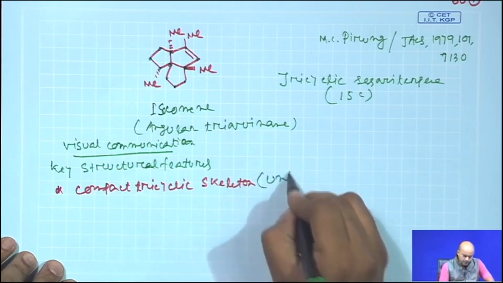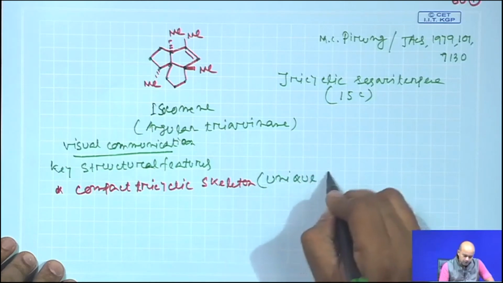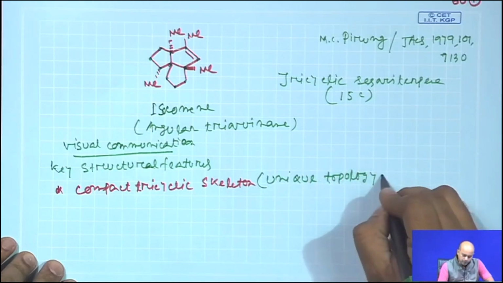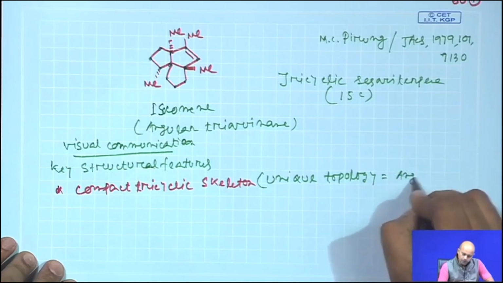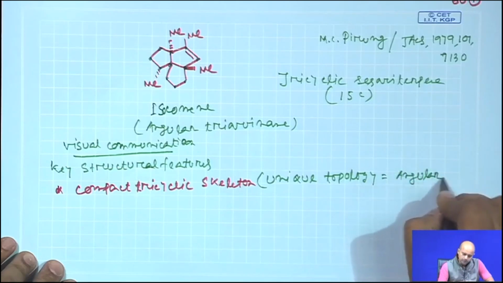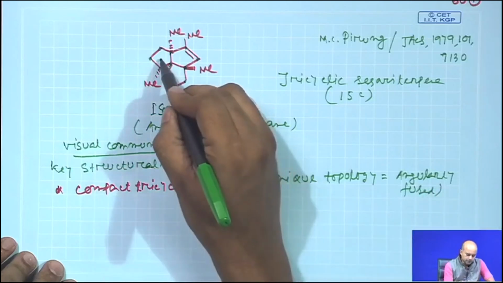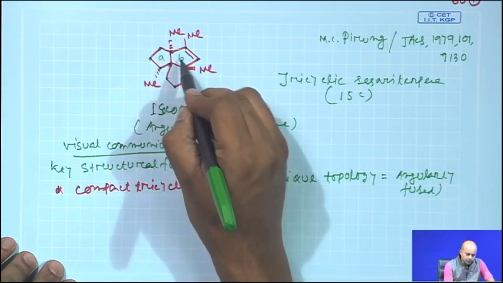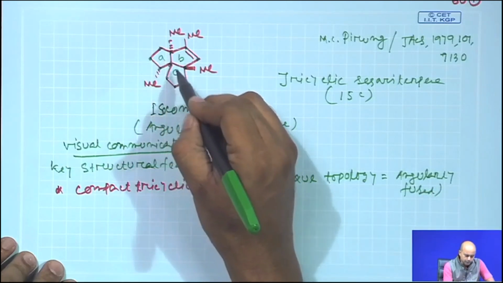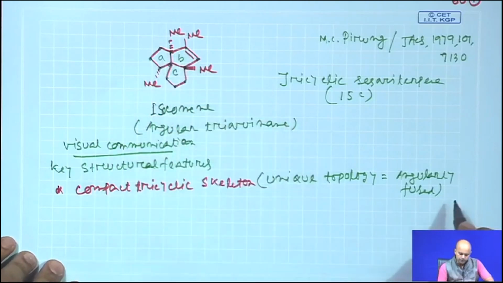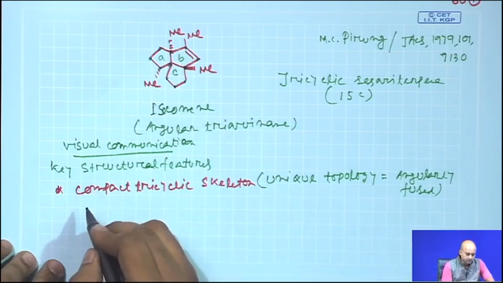Having a unique topology means it is angularly fused. The AB two rings are linearly fused, and the third ring is angularly fused with the AB ring. That topology is pretty important.